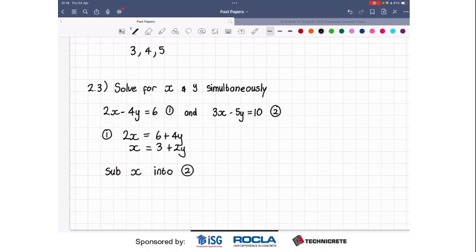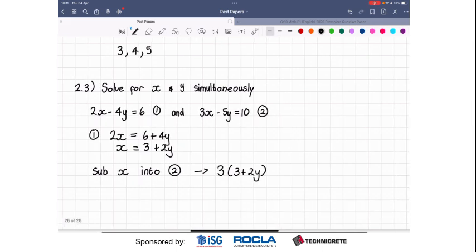And then what happens is that I'm going to have 3 from equation 2, and instead of writing x, I'm going to write this that I found x to be. So I'm going to have 3 plus 2y. And then I'm writing the rest of equation 2, so the next bit was minus 5y is equal to 10. And then I'm just going to distribute this 3.